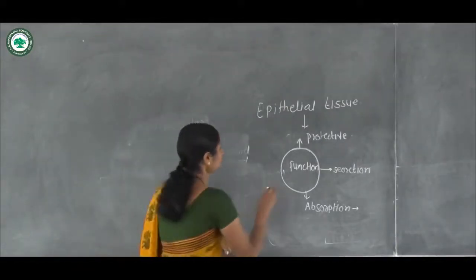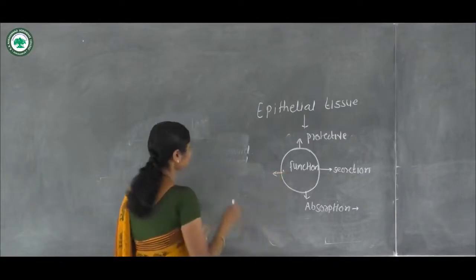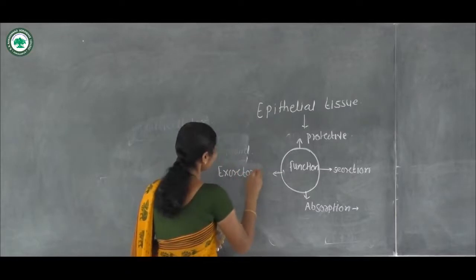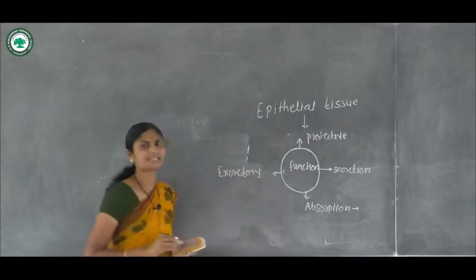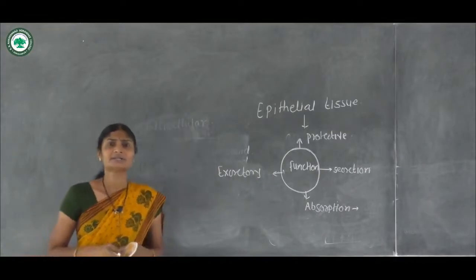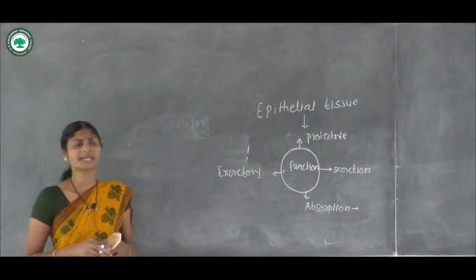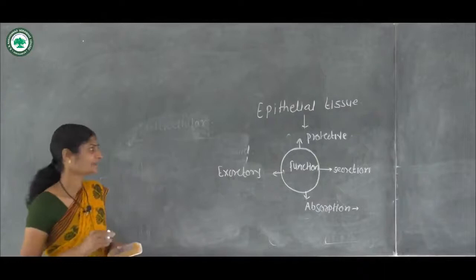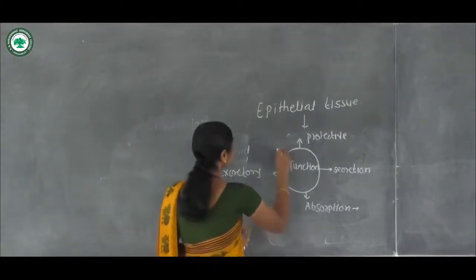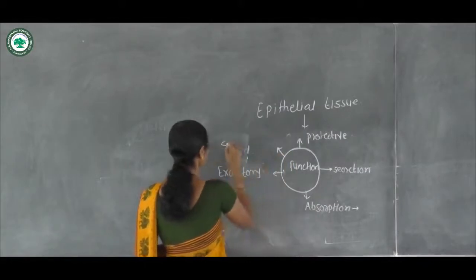Next function is excretory. Some epithelial cells act as excretory cells. Different tubules and sweat glands are excretory in function. Next function is sensory.